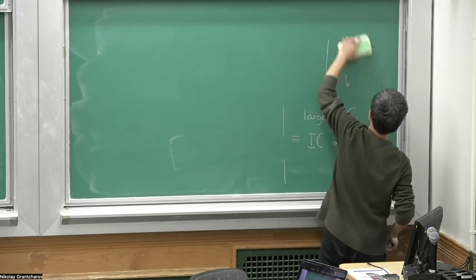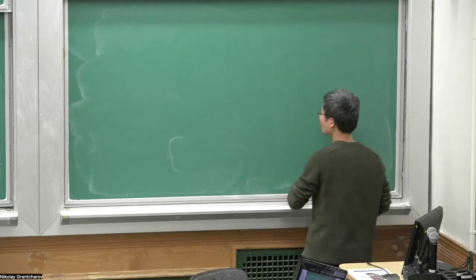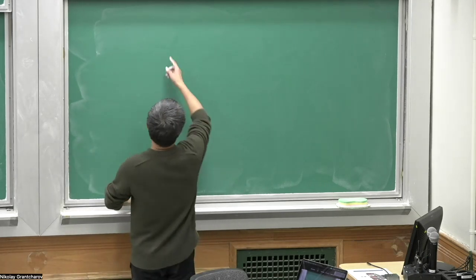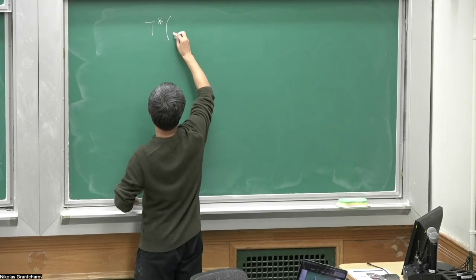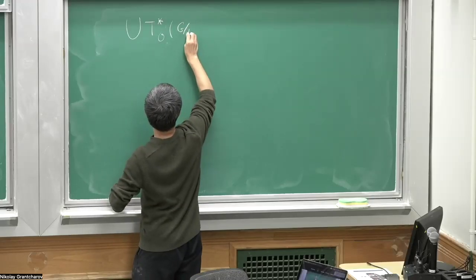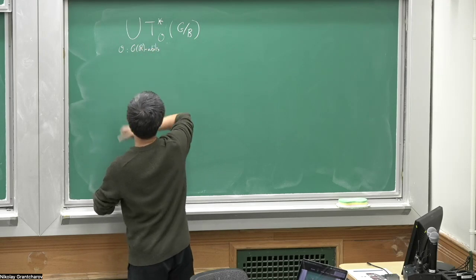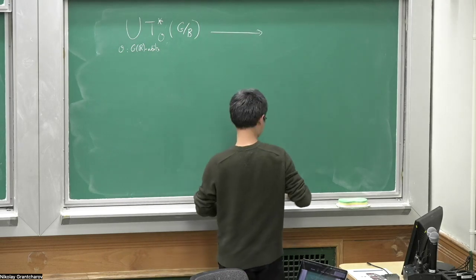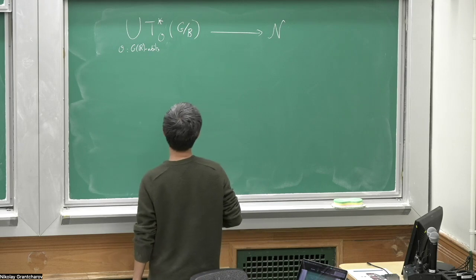One can do this in general, but what quasi-splitness gives us is that if we look at the union of conormals, where O runs over GR orbits, of course this is a subset of T star G mod B, which maps to the nilpotent cone.